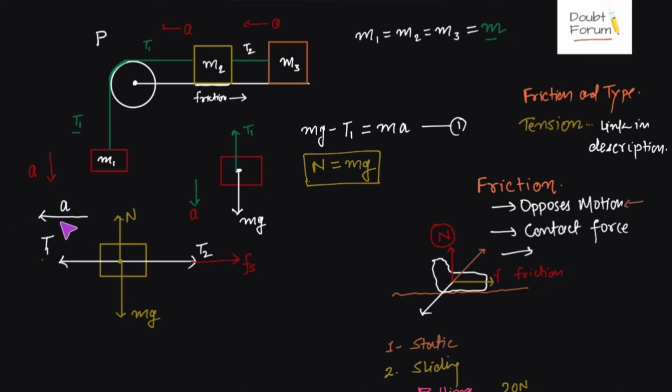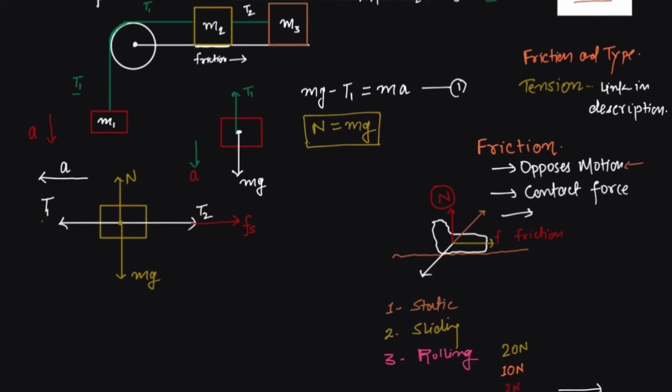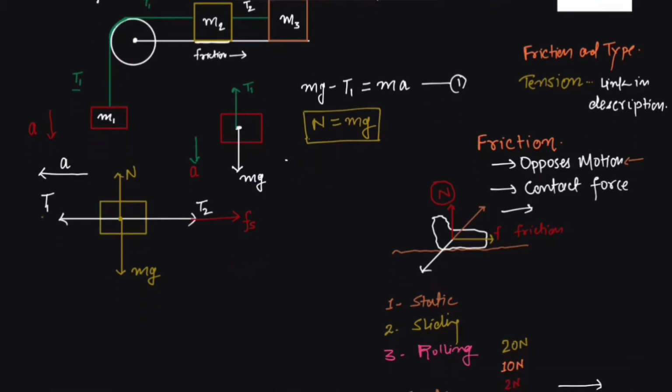So we would say net force to the left side is T1 minus T2 minus Fs. This would be ma as per Newton's second law of motion. Net force is equal to mass times acceleration. T1 minus T2, friction is mu times N, is equal to ma.